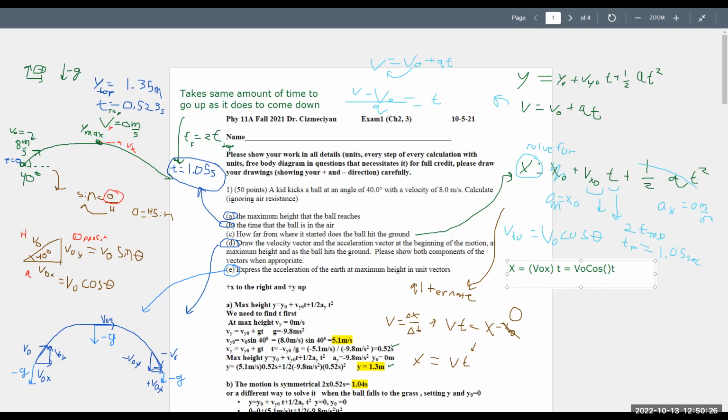So then we plug that in. x is equal to 8 meters per second, cosine 40 degrees, times the time 1.05 seconds, which should give you 6.4 meters.